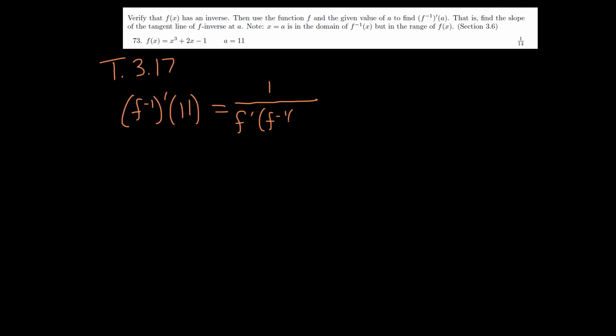Okay, so here's what Theorem 3.17 says. It says that f inverse prime, not of x, let's say of 11 in this case, equals 1 divided by f prime of f inverse of 11.